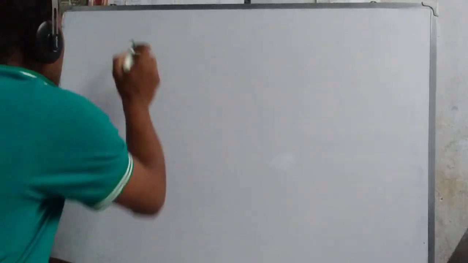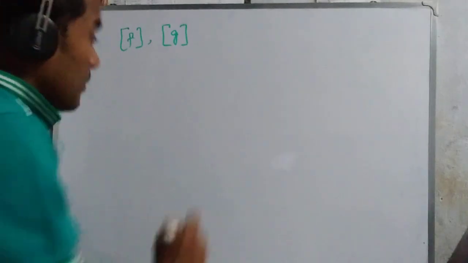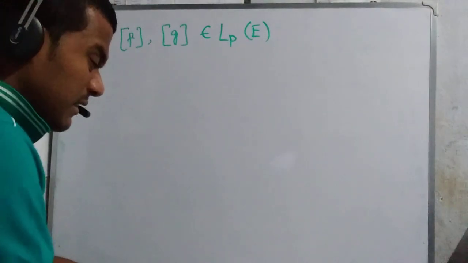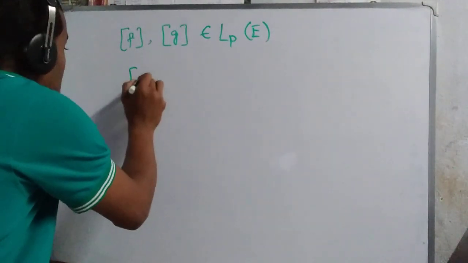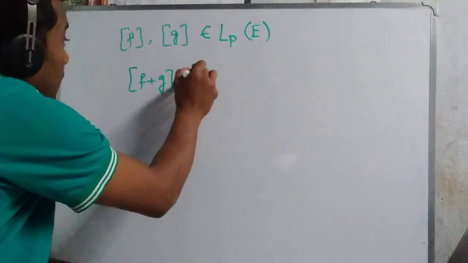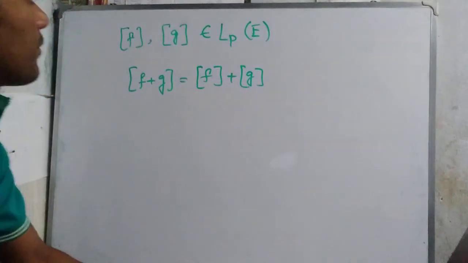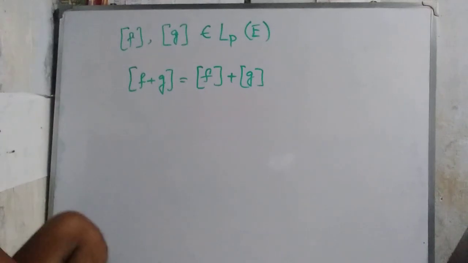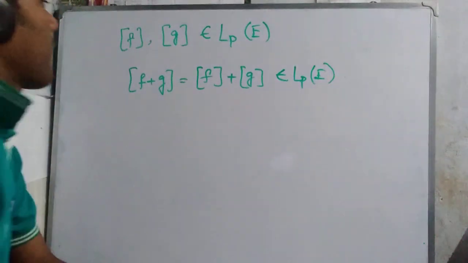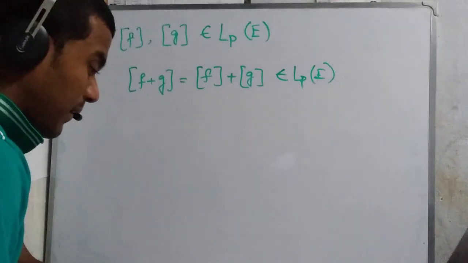We write it now. Here if f and g belong to L^p(E), then what happened? Then obviously f plus g, okay, f plus g, and obviously this one belongs to L^p(E). And how does this happen?